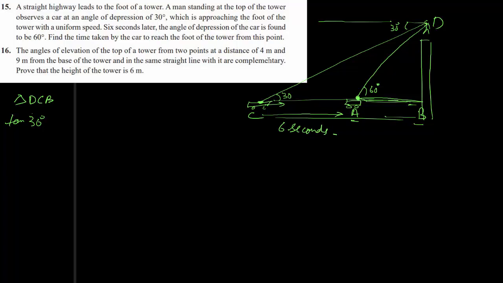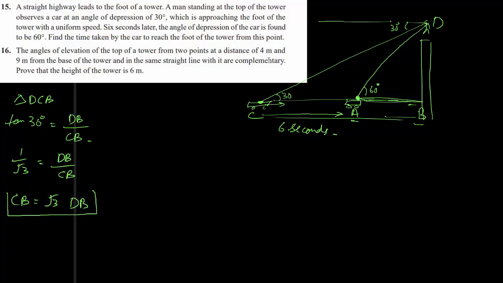Tan 30 degree is opposite, that is the height of the tower, DB, divided by CB, right? So opposite over adjacent. So tan 30 is 1 by root 3. 1 by root 3 is DB by CB, or CB is root 3 times DB. So CB is root 3 times DB.